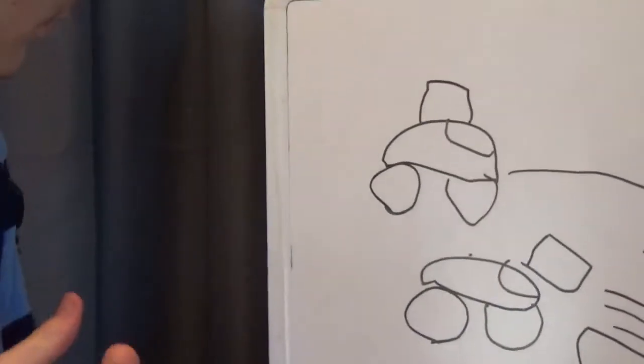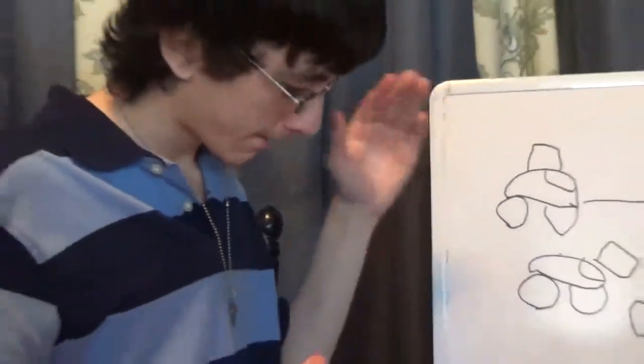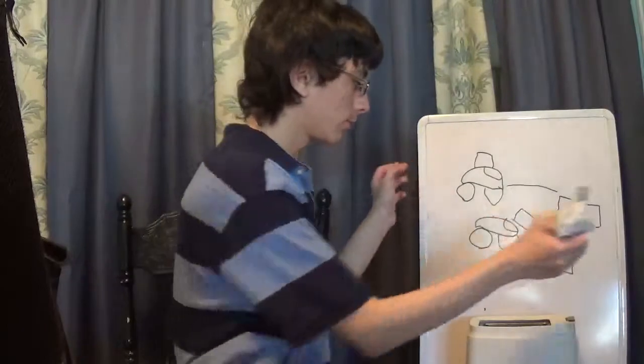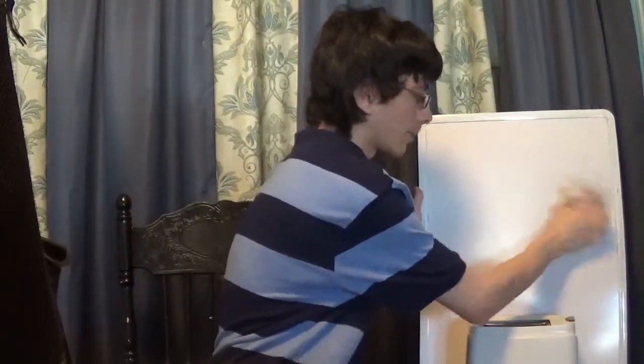So, as long as there's nothing attaching the block to the car, the block will still move even when the car stops, because they're two different objects that aren't connected in any sort of way.